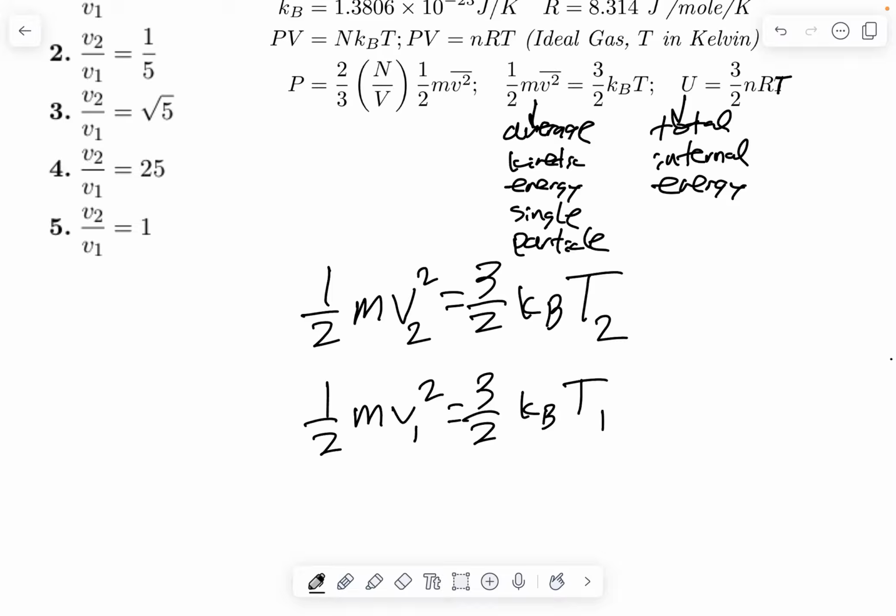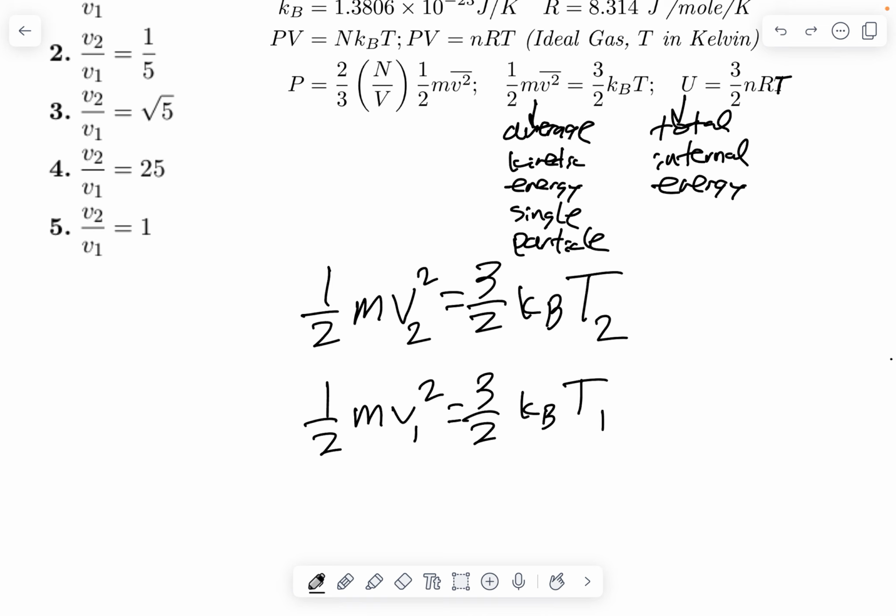If we got V2 over V1, you could solve for your velocities individually. You multiply everything by 2, and then divide by m and solve for the velocity. It doesn't really matter what number you put for m because it's the same. So you can put 1 for m, 1 for kb, and solve for velocities, and you'll get a number for velocity, and then you get a ratio.